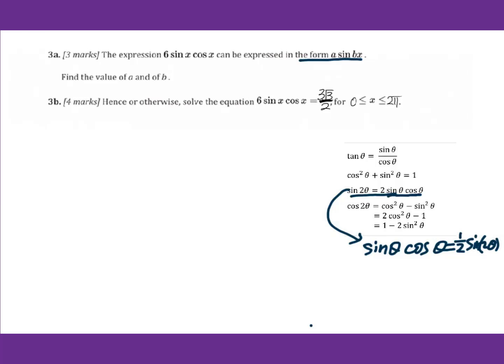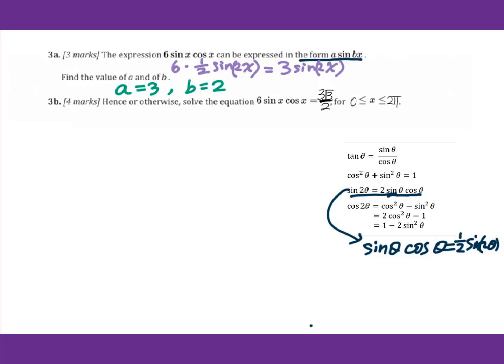Therefore, we do substitution. 6 times 1/2 sin 2x equals 3 sin 2x. So we have a equals 3 and b equals 2.